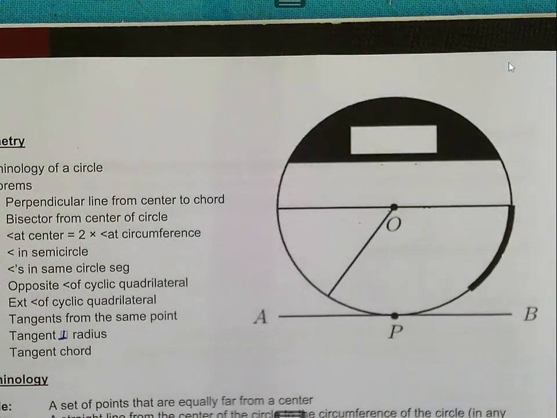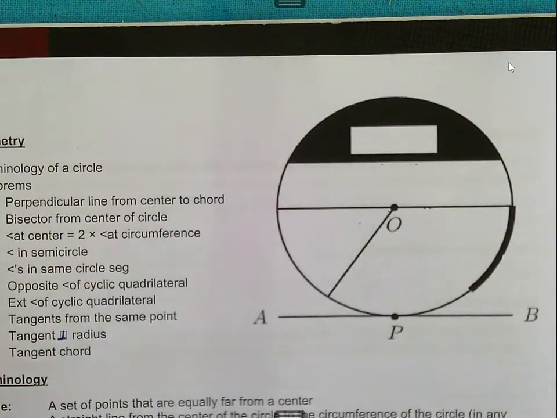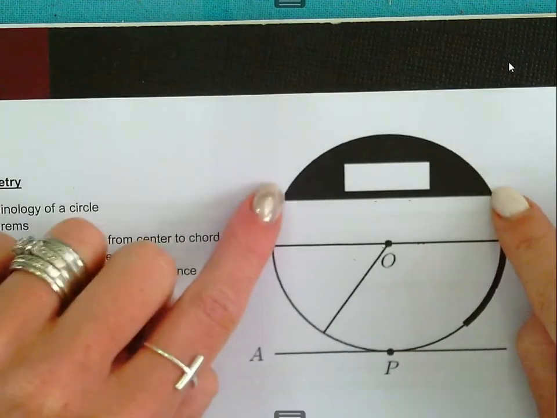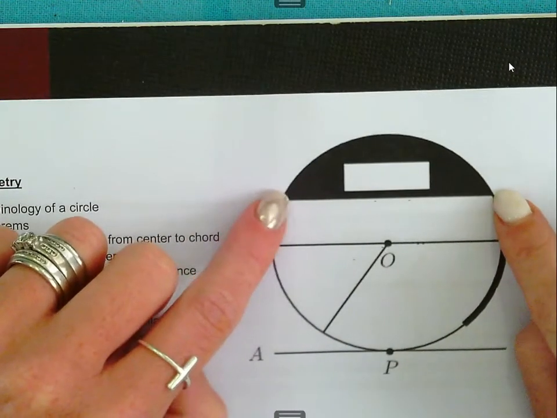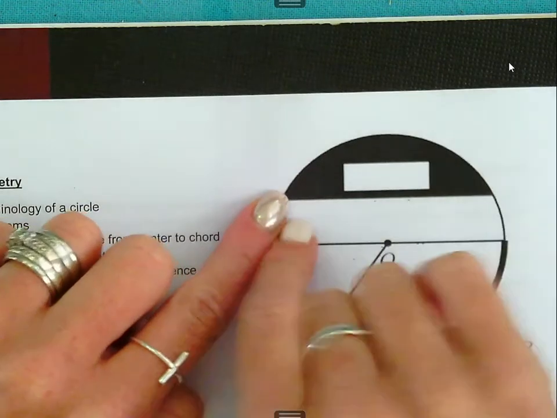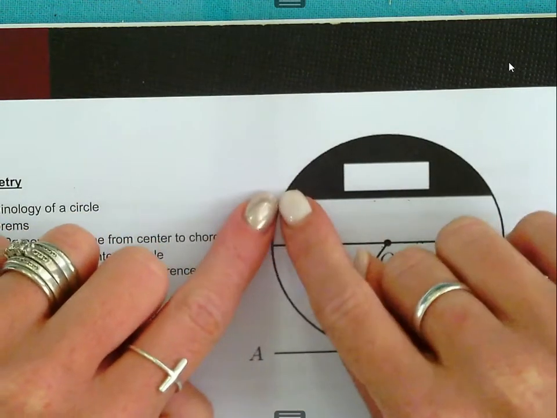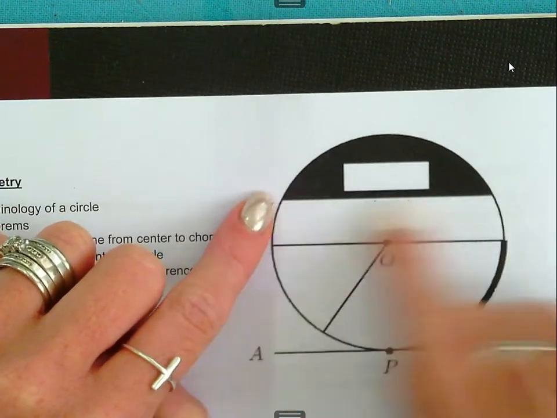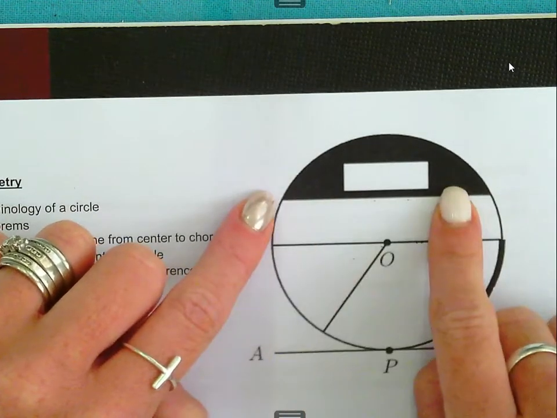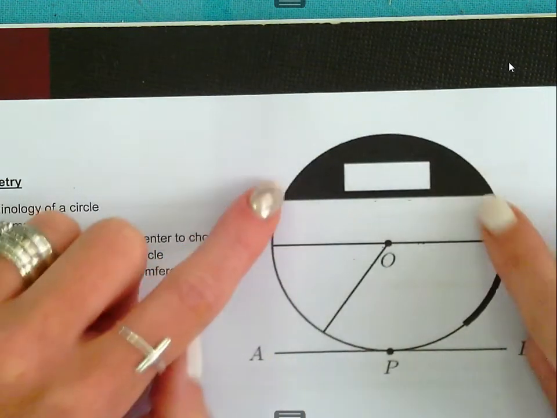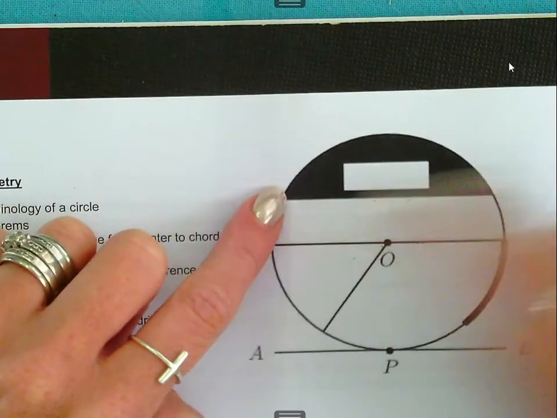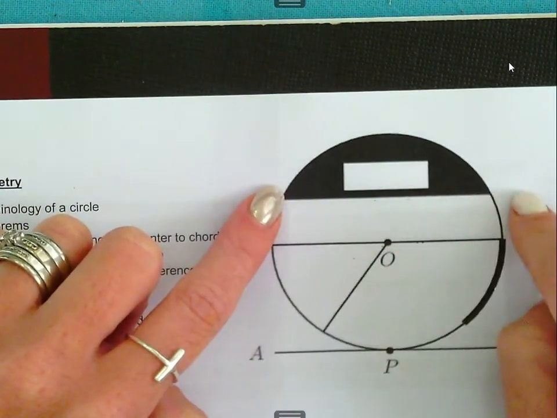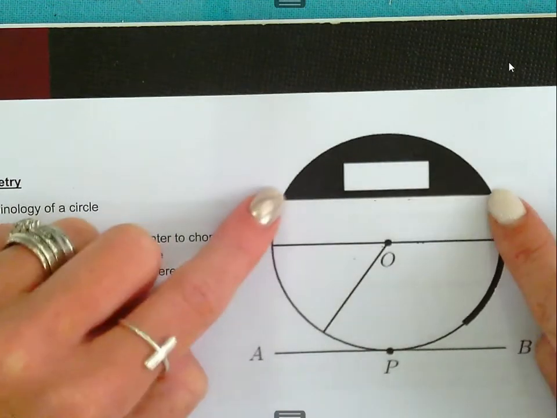Arc, part of the outside of the circle. When we look at the arc, you see that chord there? That's a straight line, so it's a chord. But from one side to the other side of the circle on the circumference, if it doesn't have a line, that's called the arc. It's the same distance if you were to go directly, but if a line is drawn, it's called a chord.